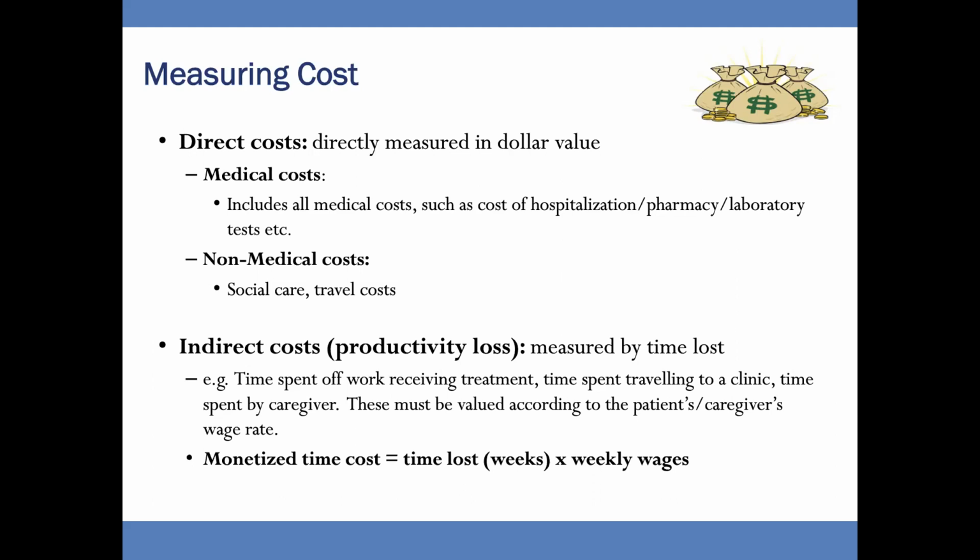If you're 45 years old, we normally make some assumption about how much you make per year, and then we convert it into how much you make per week. If you spend 2 weeks in the hospital because of this intervention, then you just multiply 2 weeks by the average wage per week, right? And that is the monetary value of time loss, and that should be counted into the cost of your intervention.